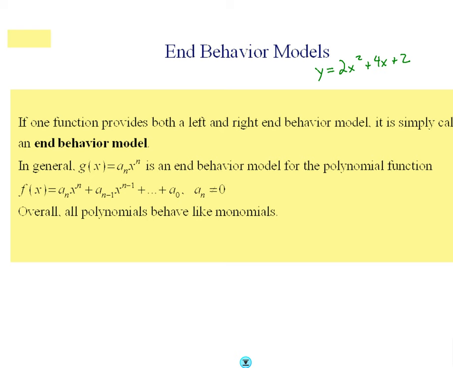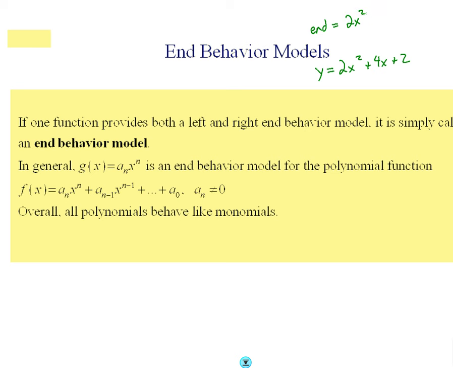What does the picture of it look like? And that's what an end behavior model is. In general, this polynomial will behave, in the end, like 2x squared.